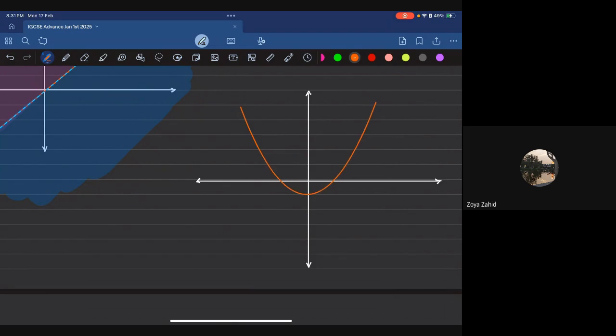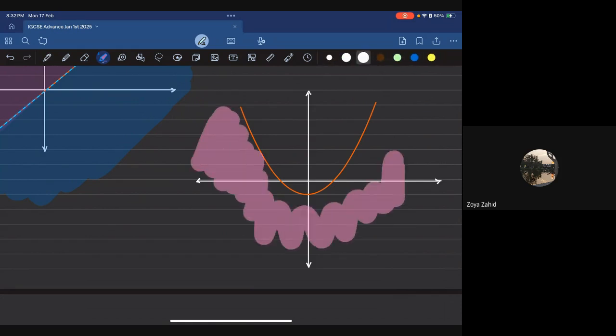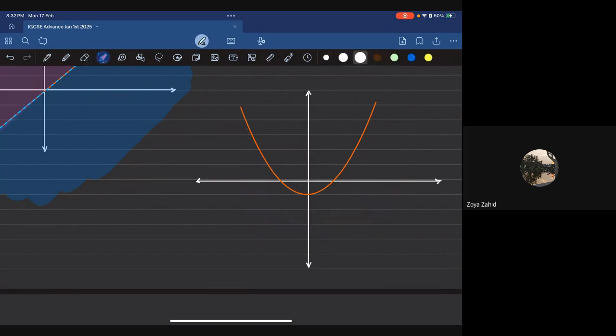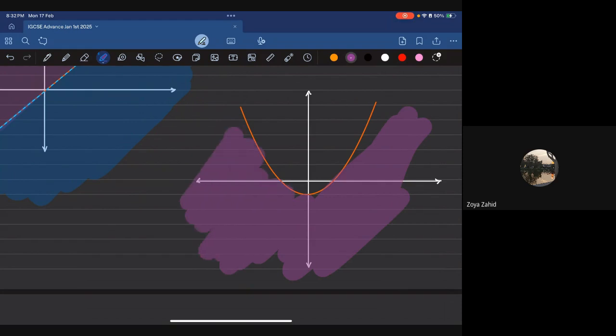Imagine a curve. If I am shading outside of the curve, where did this pink become? Oh, I've been using the wrong pink. If I'm shading outside of the curve, this is actually pretty fun to do.